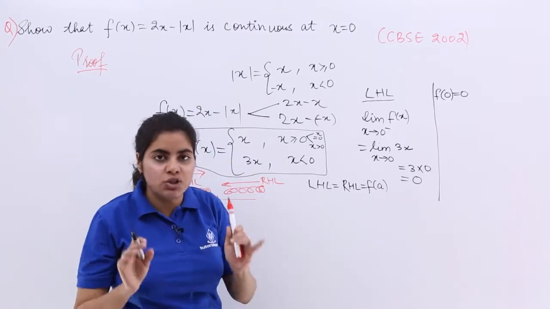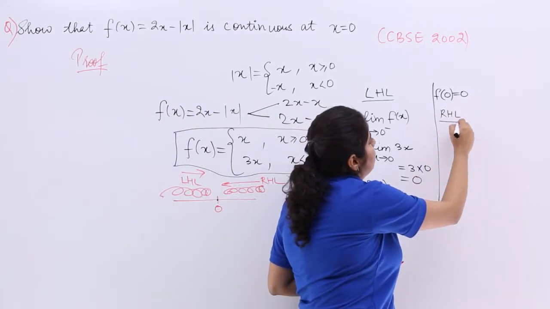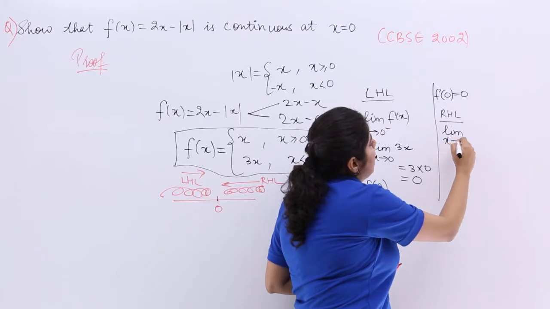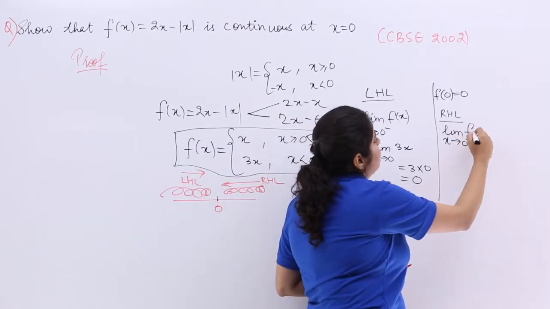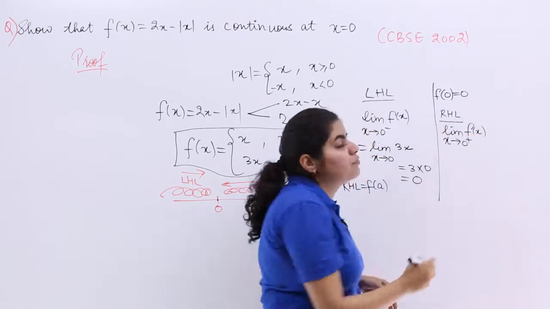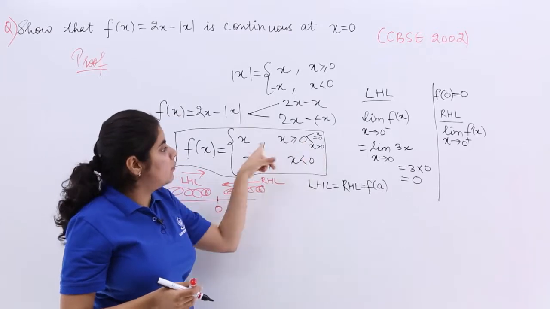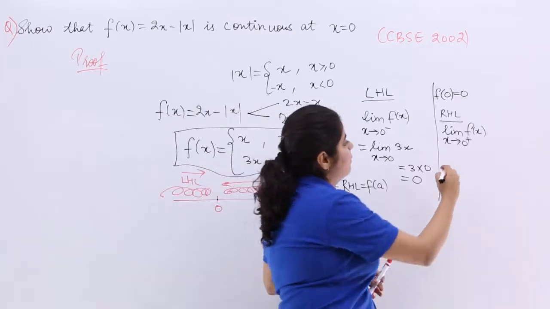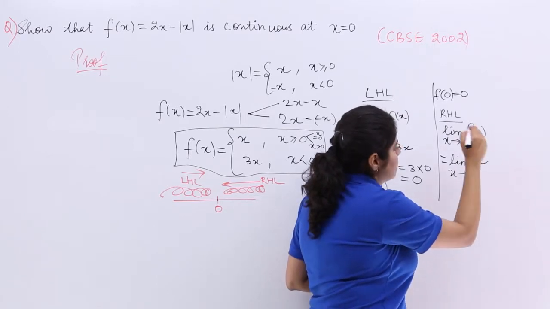So let's now check the value of the right hand limit, that is RHL. RHL means the limit as x tends to 0 plus of the function. Now what is the function? For x greater than 0, it is the same thing, which is x only. So I simply write the limit as x tends to 0 of x.